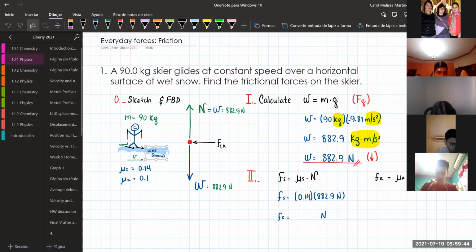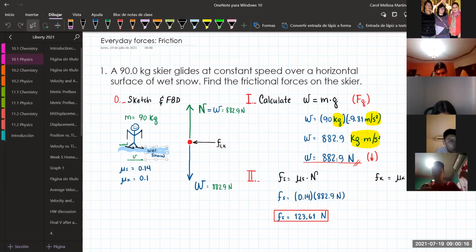How much is this? 123.60. Point 60, 1 rounded. 606, this 6 gives 1 to the 0, and the 0 turns into 1, okay? So rounded it is going to be 123.61. And that will be it for the static friction.